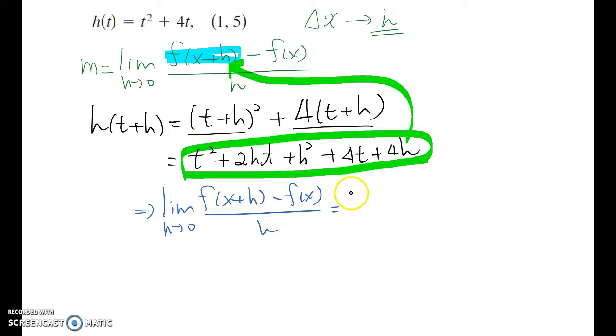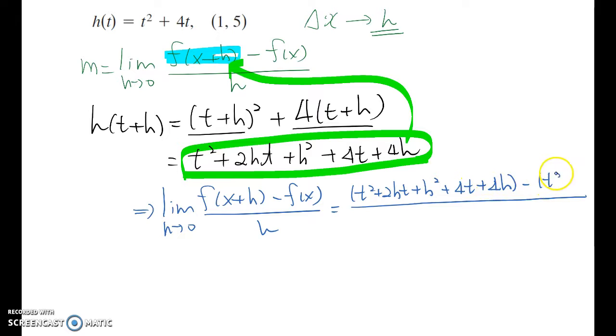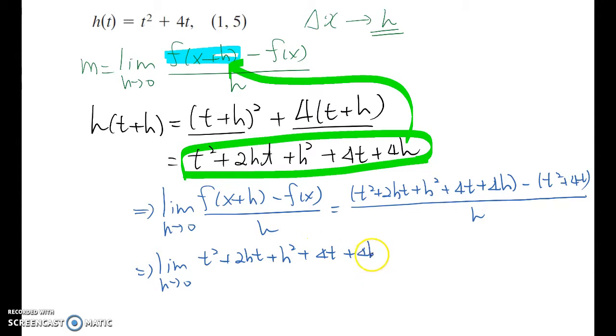There will be (t squared plus 2ht plus h squared plus 4t plus 4h) minus (t squared plus 4t) over h, which is the limit as h moves to 0 of t squared plus 2ht plus h squared plus 4t plus 4h minus t squared minus 4t over h.